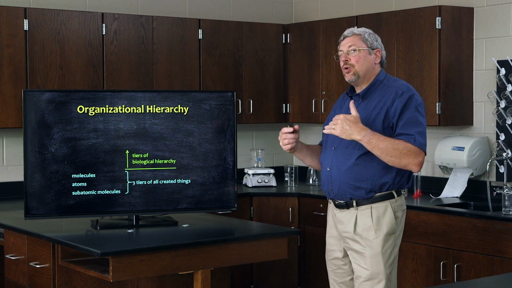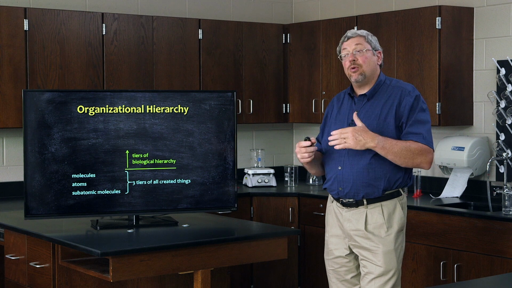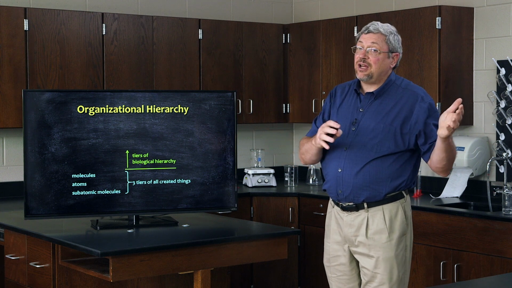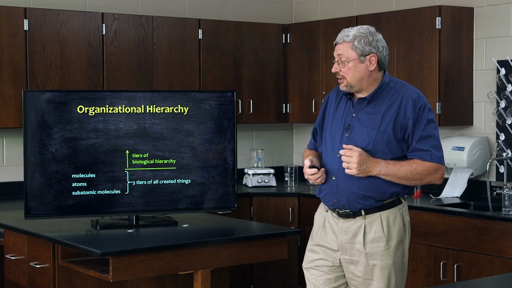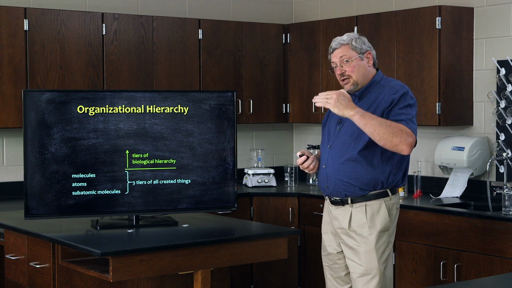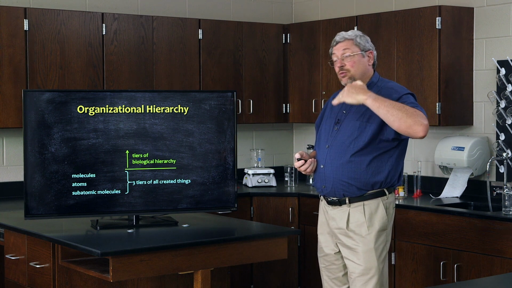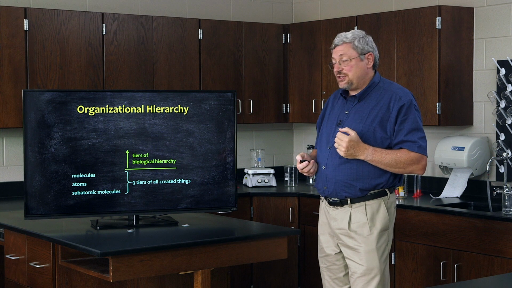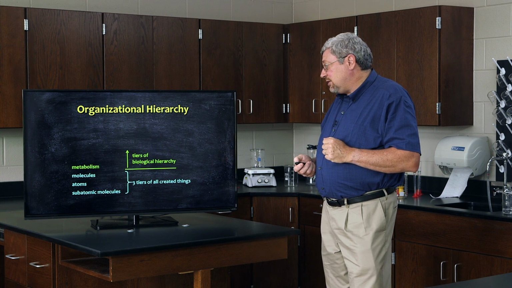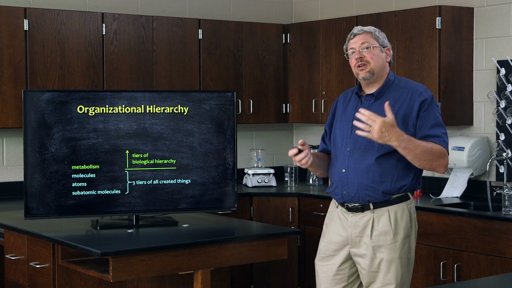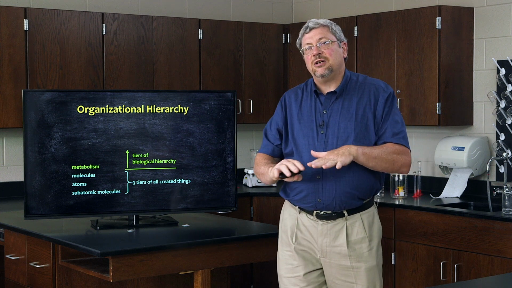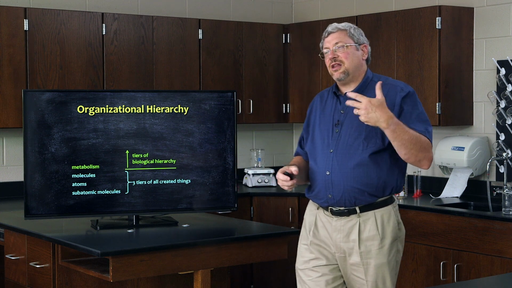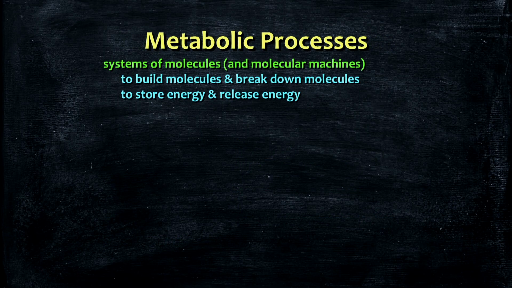Biology adds more tiers of hierarchy, more complexity than is found in the non-biological world. And in fact, there's a number of tiers, and we're going to step our way through the tiers of hierarchy in biology. We're going to begin with arguably the lowest tier of organizational hierarchy, and that is metabolism.